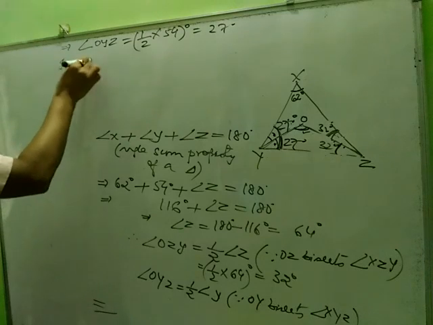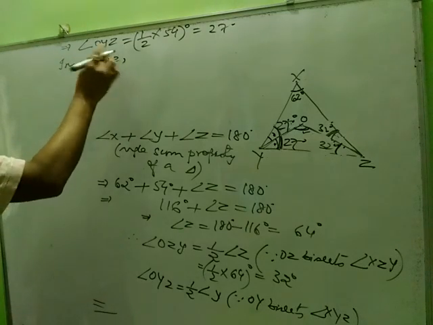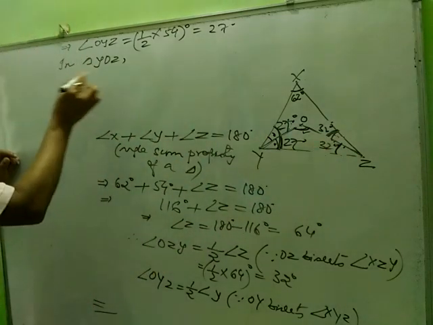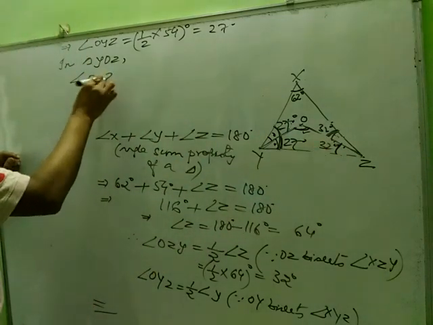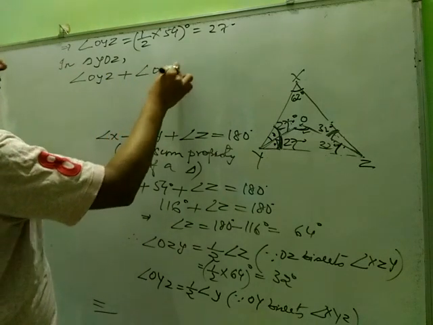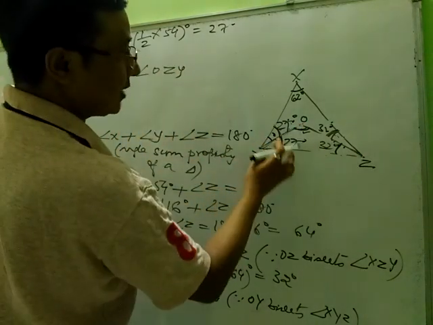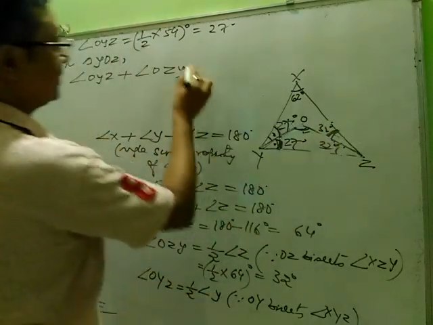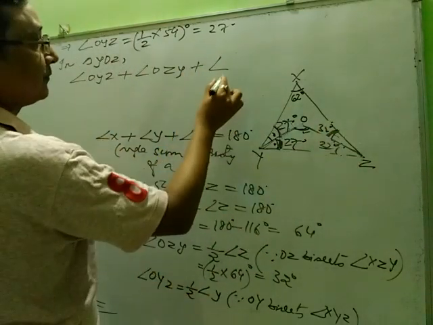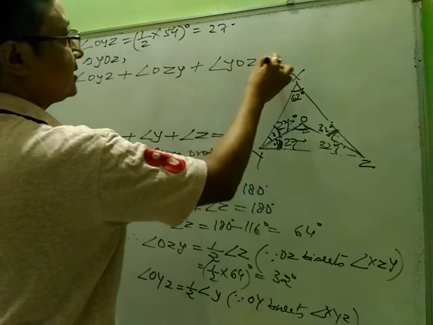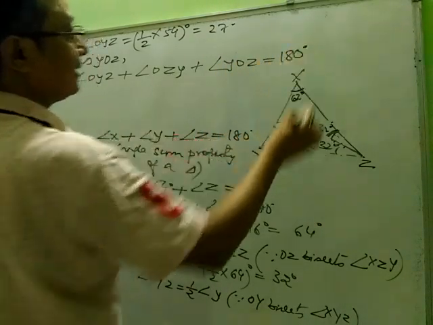In triangle YOZ, angle OYZ plus angle OZY plus angle YOZ is equal to 180 degrees.